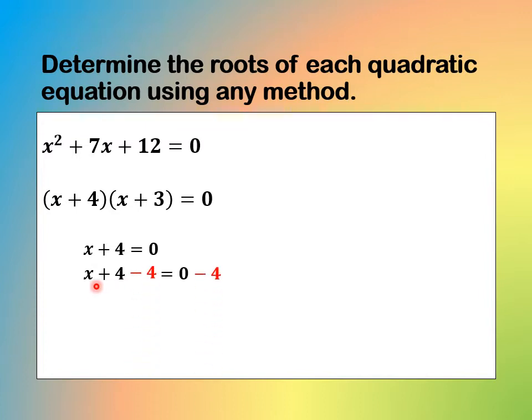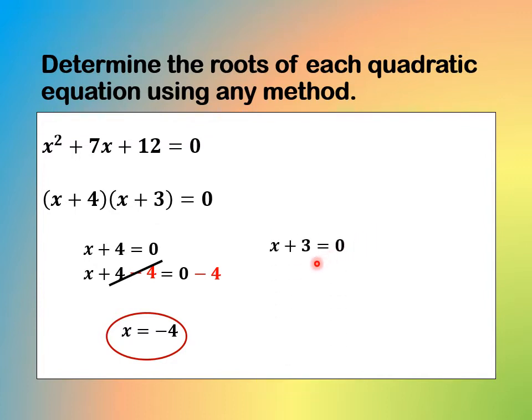Okay? So, by subtracting both sides by 4, 4 minus 4, ang matitira na lang sa left side ng equation ay si x. And then, 0 minus 4, that is equal to negative 4. Correct.